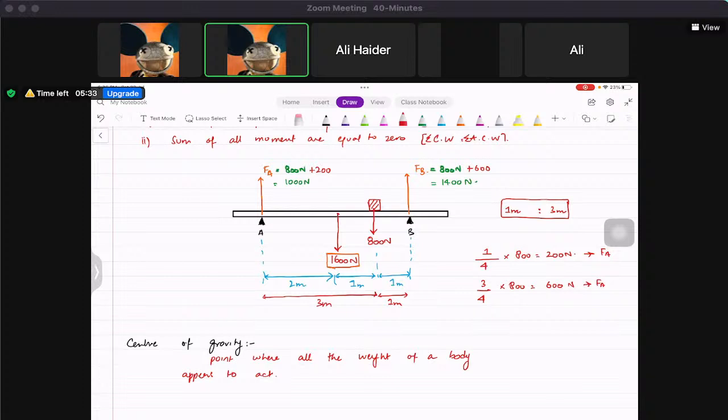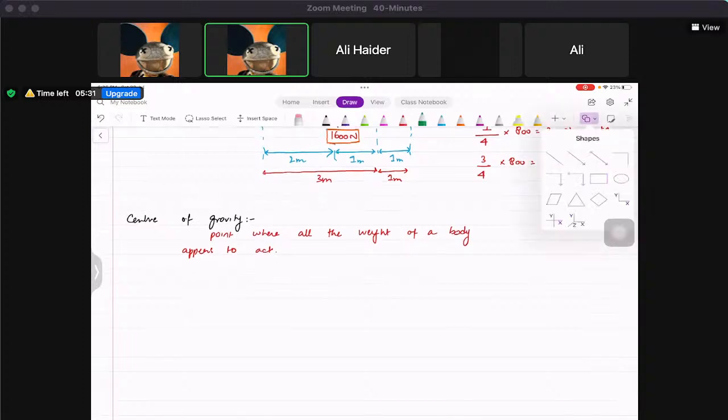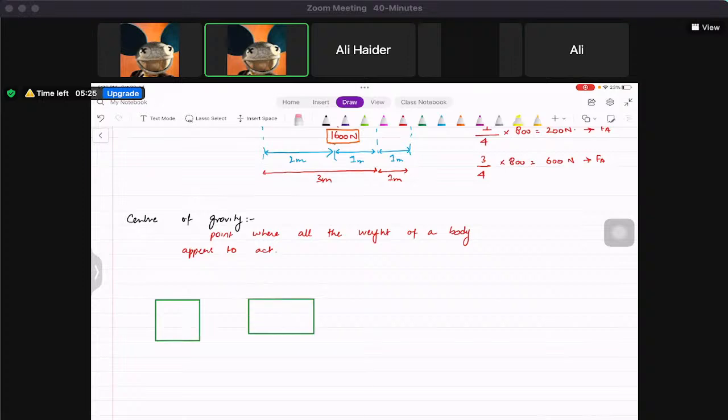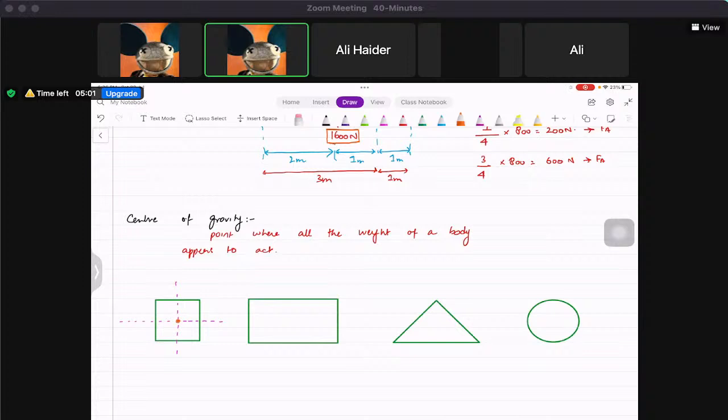Now, what it means is, suppose you have known shapes like a square, a rectangle, a triangle, and a circle. You make lines of symmetry. Wherever the lines of symmetry intersect, that is the point where all the weight is going to act, and that's called the center of gravity.